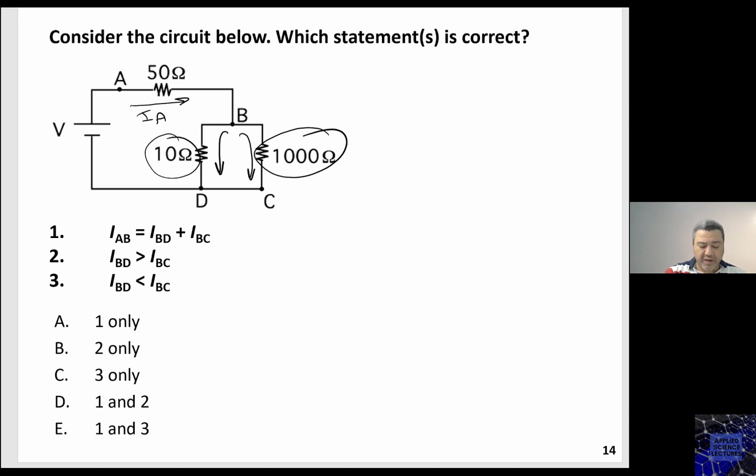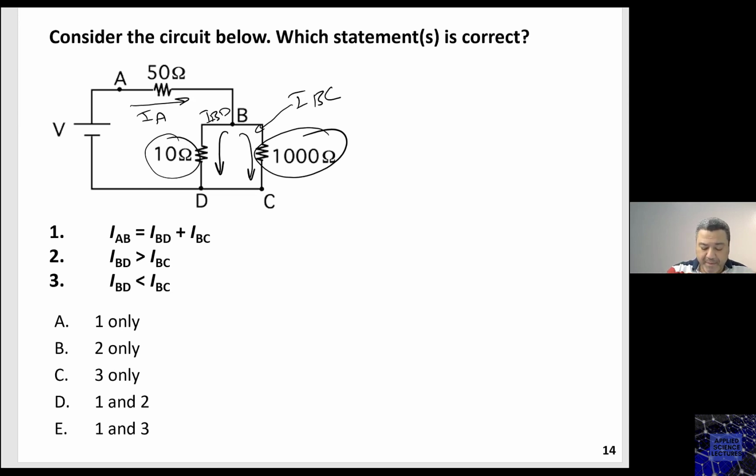The current IBD is this one, and this one is IBC. Two, the current IBD is greater than the current IBC, and three, the current IBD is less than the current IBC. So which ones are correct?